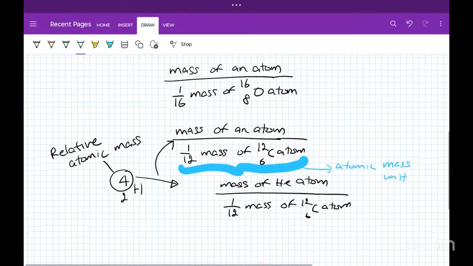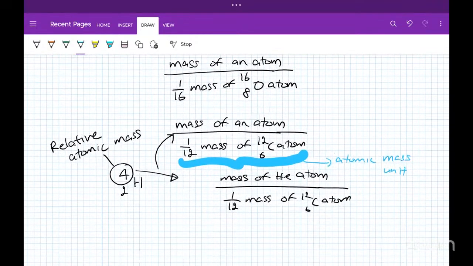If I take another example, nitrogen 714, this 14 is the relative atomic mass.